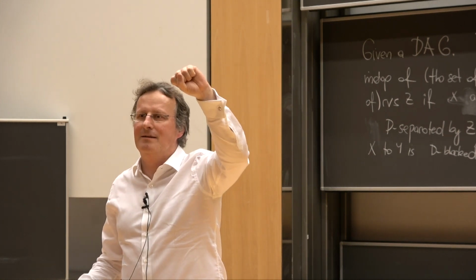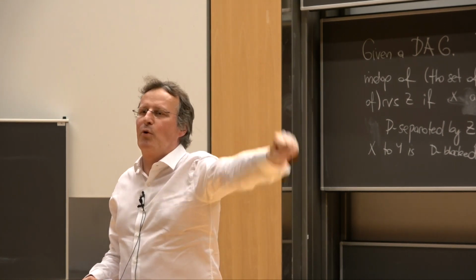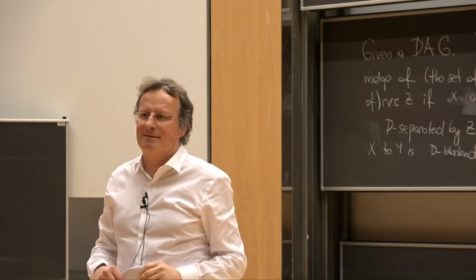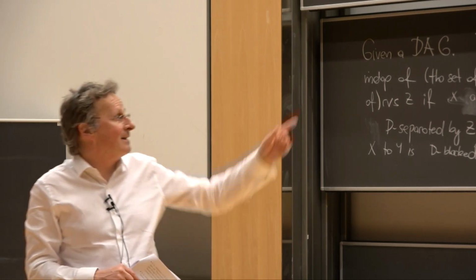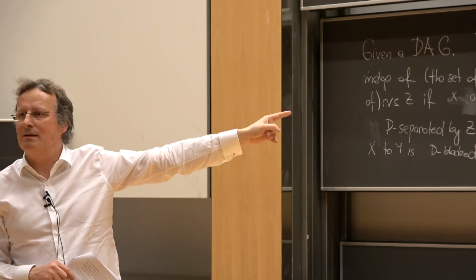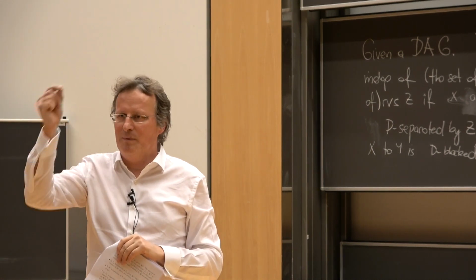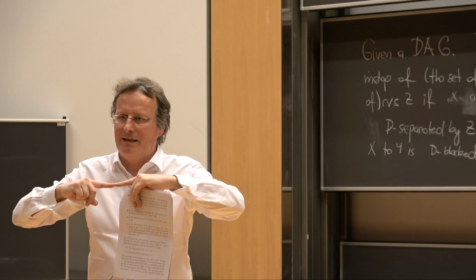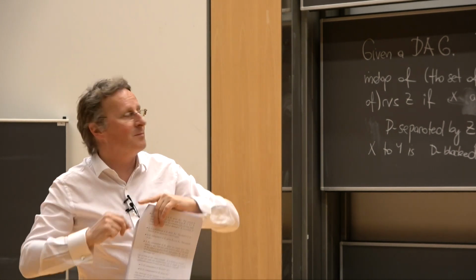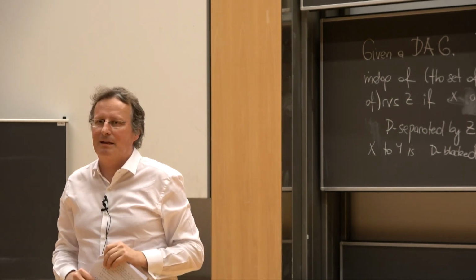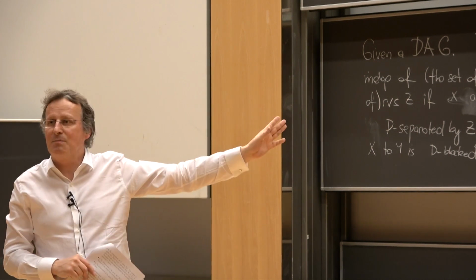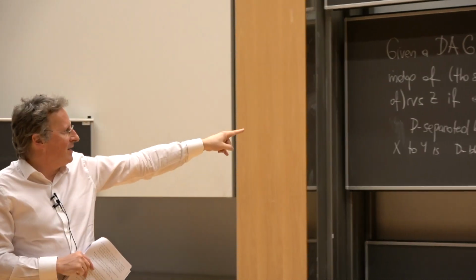How many paths are there? You start in Lausanne, you want to go to Bern. How many paths are there? 1. Okay, and that path is just x1, x2, x3. And it doesn't have to be a directed path. In this case, it is a directed path, but in general, it doesn't have to be a directed path. So now, for every such path, I have to find you one of these reasons.